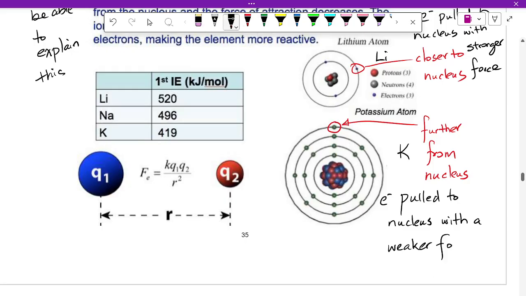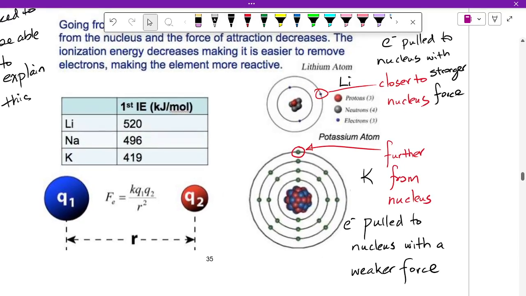Which of those would require more energy to remove that outer electron? The lithium will require more energy to remove the electron. That means the activation energy for the lithium reaction is higher. So a smaller percentage of reactions will have sufficient energy.